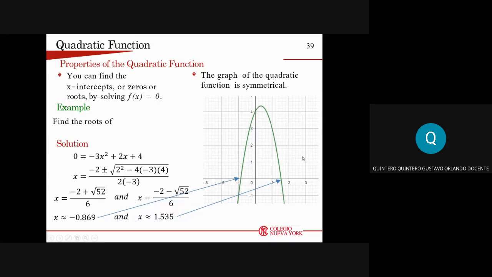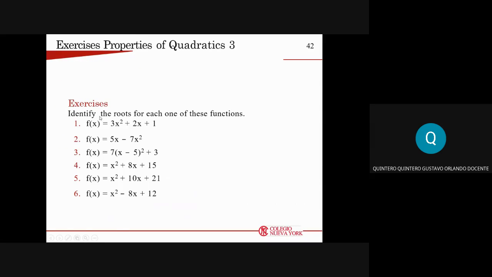All right. We have some examples in here of identifying the roots of each and every one of these functions. Now, I am not going to do this now. I was planning to do this, but we don't have enough time, because we would spend a lot of time if we do this right now. So sorry, guys, but we're going to have to continue.